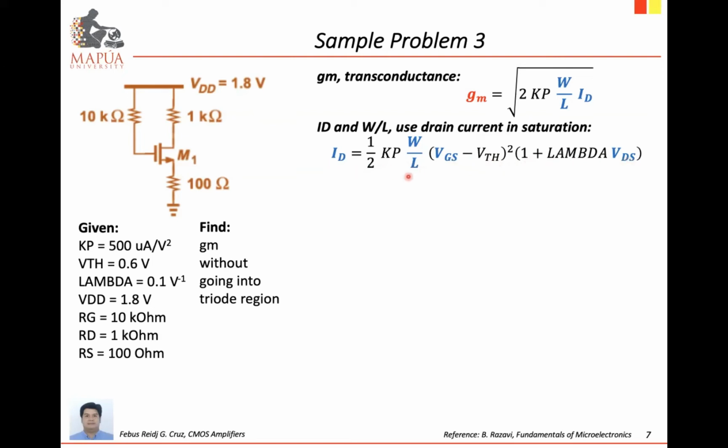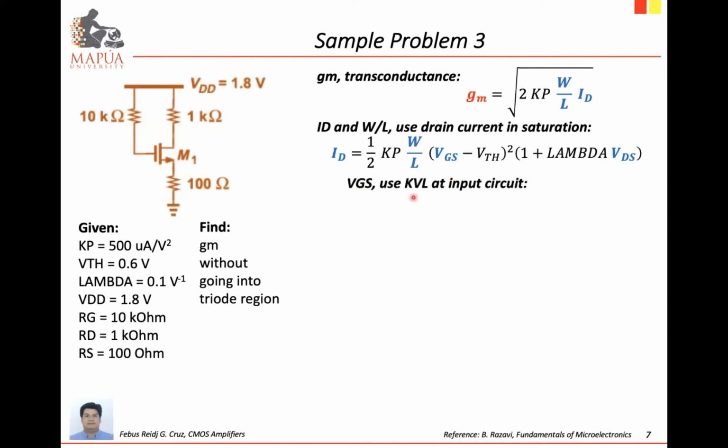So there is ID and W over L, but we have more unknowns. You have VGS and VDS. VGS comes from the input loop, and as for the VDS, it would be from the output loop or using the saturation point description.